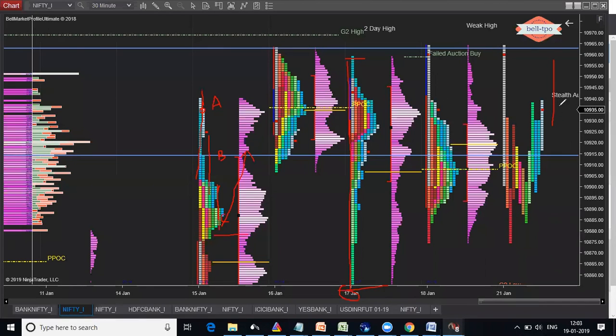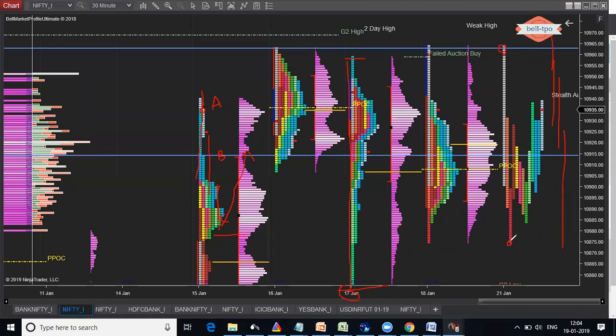Letter A was like this, letter B went down like this, and letter C went crazily like this. So it was a crash of how many points? 10,965 to almost 10,875, a 90-point crash it is. But still, what is happening?